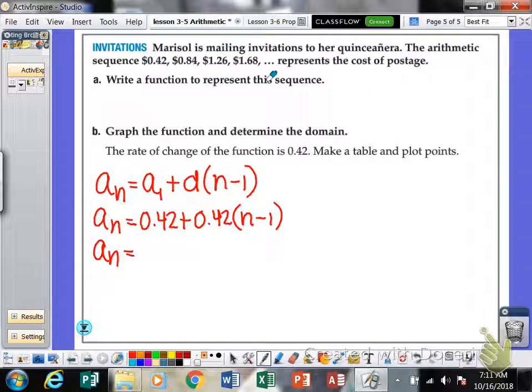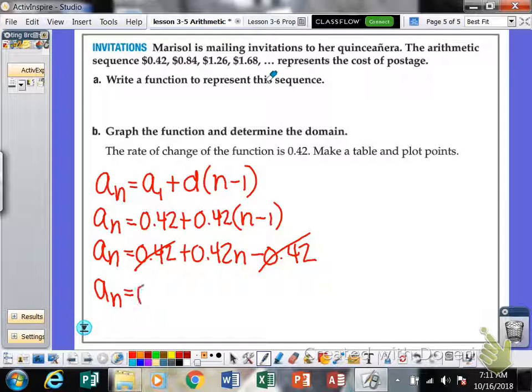A sub n equals 0.42 plus 0.42n minus 0.42. We'll notice that the 0.42 and the negative 0.42 cancel. So our equation is a sub n equals 0.42n. So basically it costs 42 cents per package or per postage.